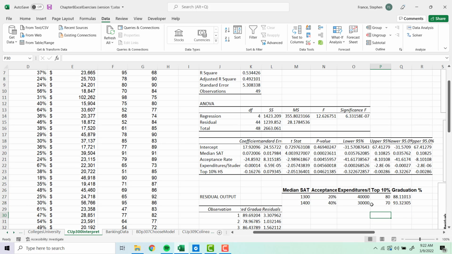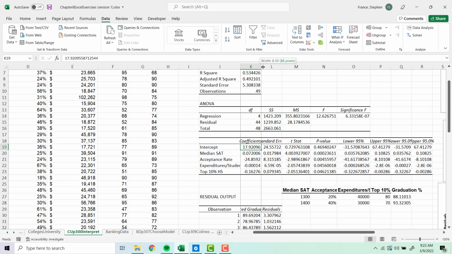And again, we've got a higher acceptance rate, but we also have a better SAT and less in the top 10%. And we have a graduation rate of 93.